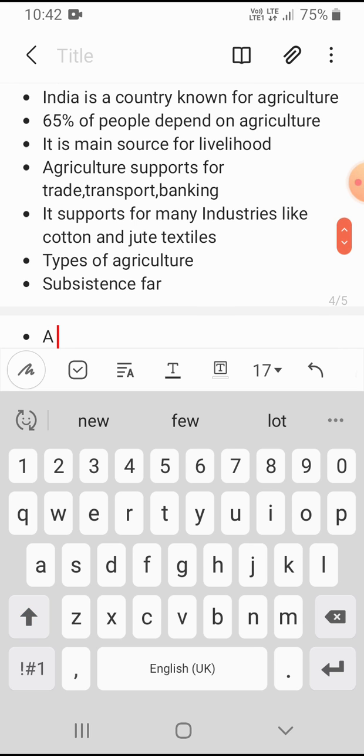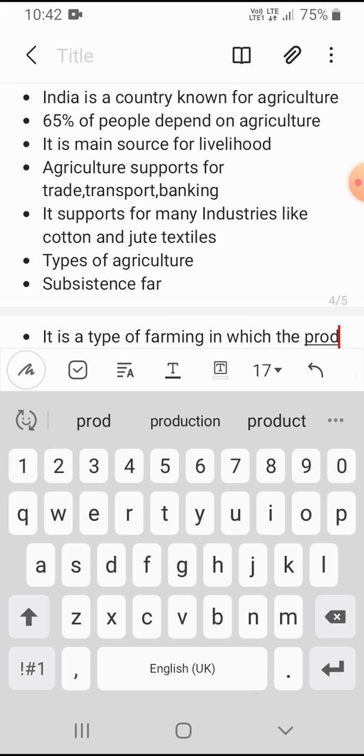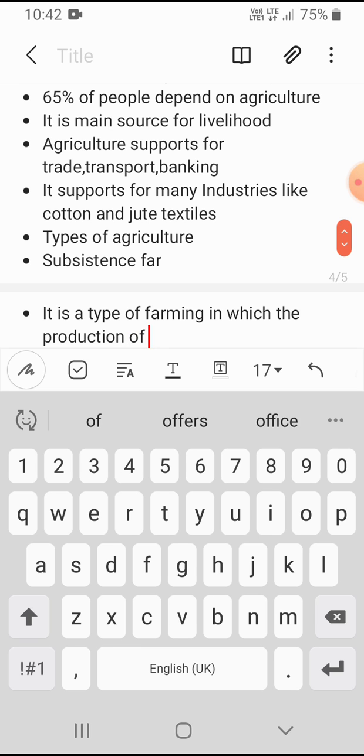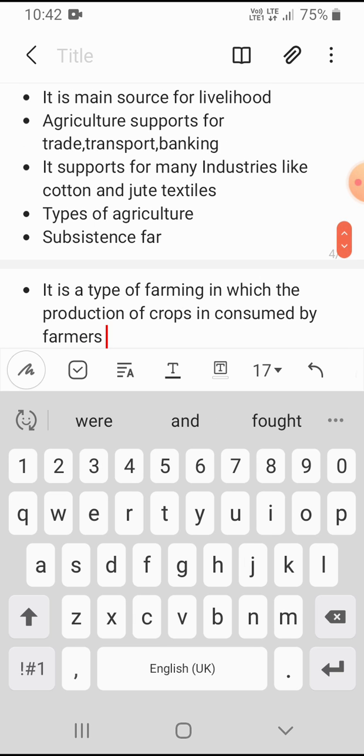It is a type of farming in which the production of crops is consumed by the farmer and his family. This type of agriculture is known as subsistence farming.